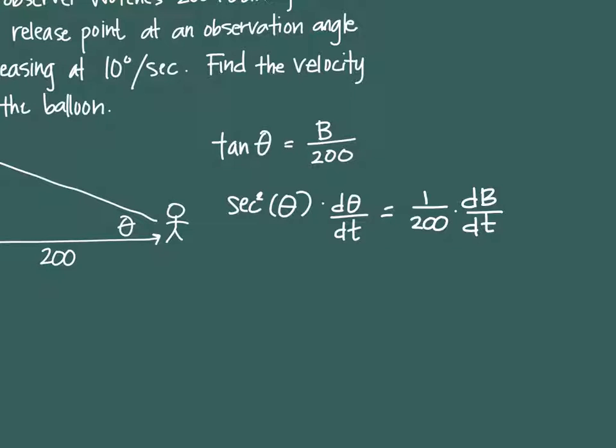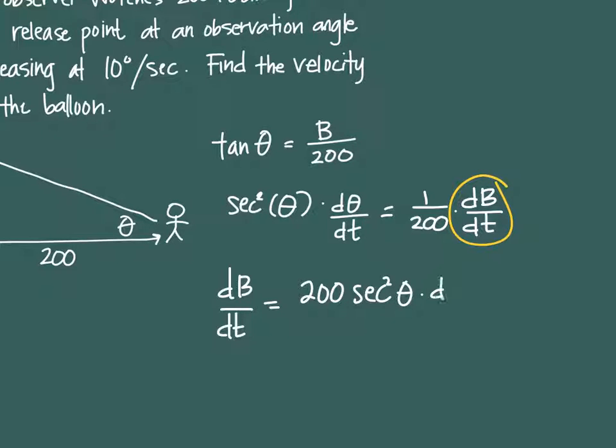And we want to find the velocity of the balloon, which means we need to isolate this by multiplying both sides by 200. So dB dt by itself will be 200 times the expression secant squared theta times the value of d theta dt.